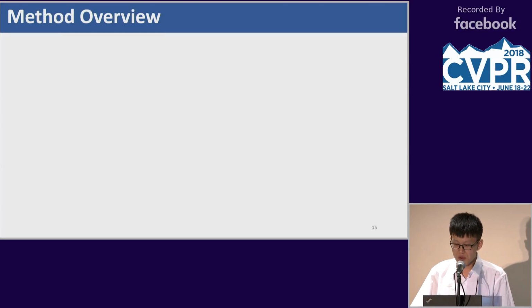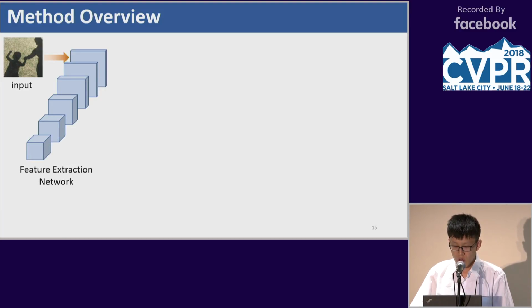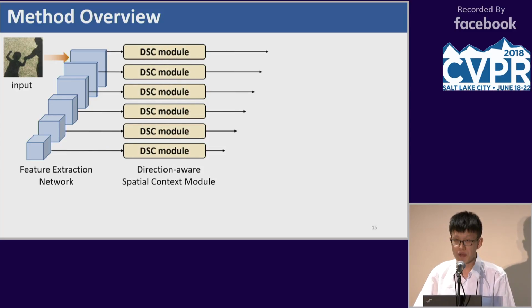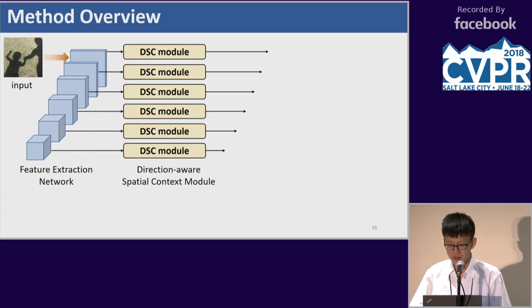Then, we adopt multiple DSC modules in a deep neural network. Given an input image, we extract features with different resolutions over the convolutional neural network layers and apply a DSC module to generate DSC features for each layer.